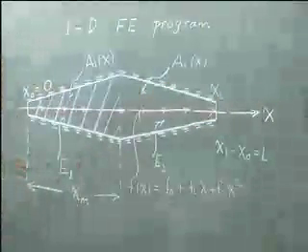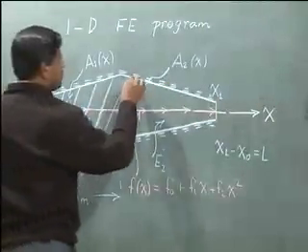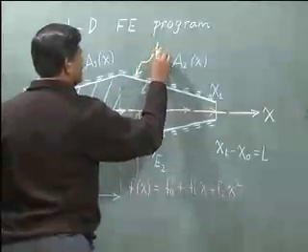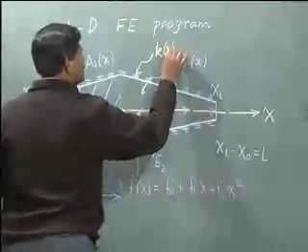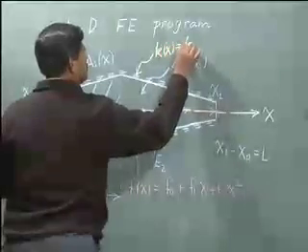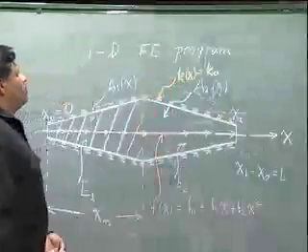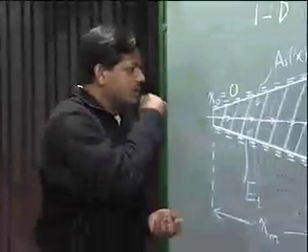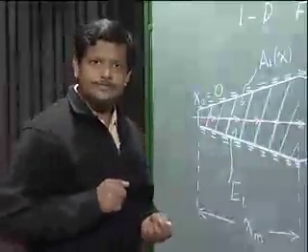And we would like this elastic support to have an intensity Kx equal to K naught. So our elastic support has a uniform spring constant. We do not want the spring constant to vary.